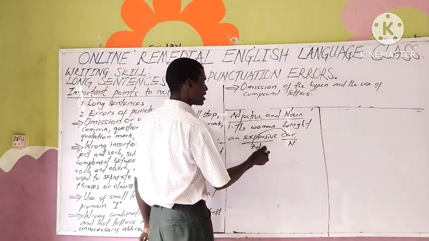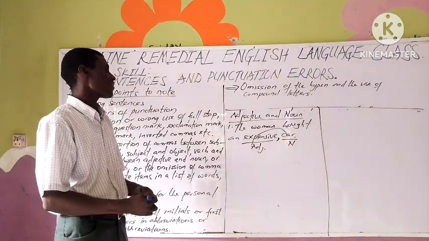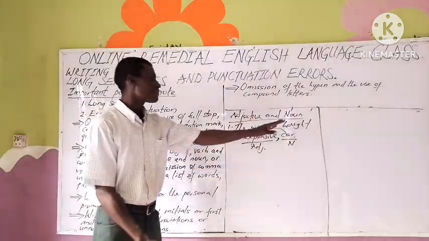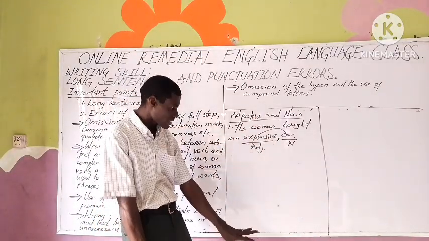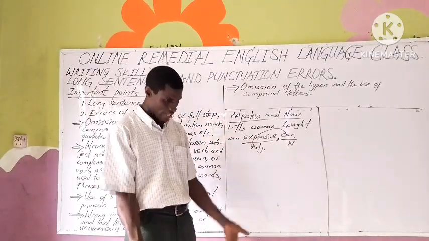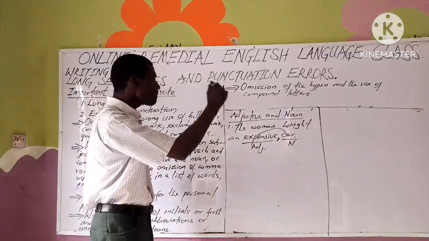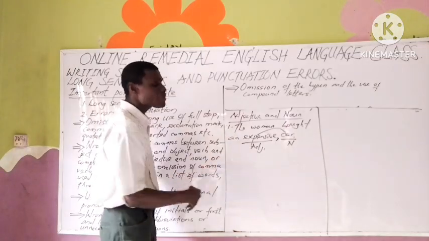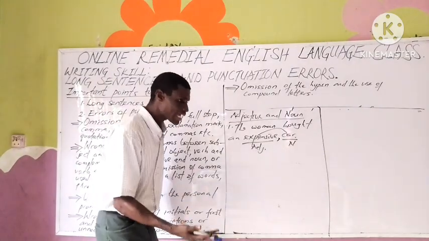But the problem is when you put a comma here. There is no need for that. There is no need for this. The woman bought an expensive car, and you are putting a comma after expensive. Naturally, your instinct will disagree with you, because you are supposed to have the woman bought an expensive car, not the woman bought an, expensive car.